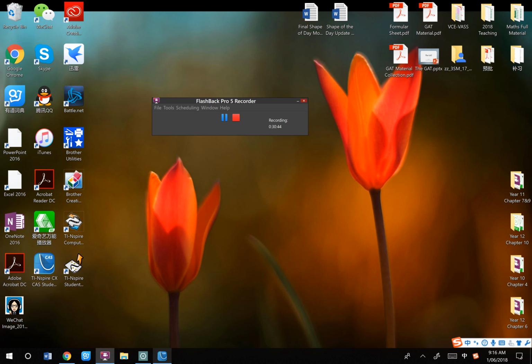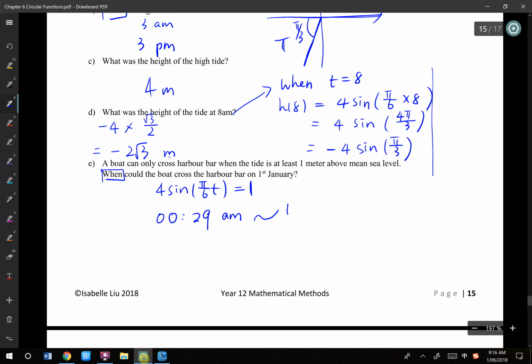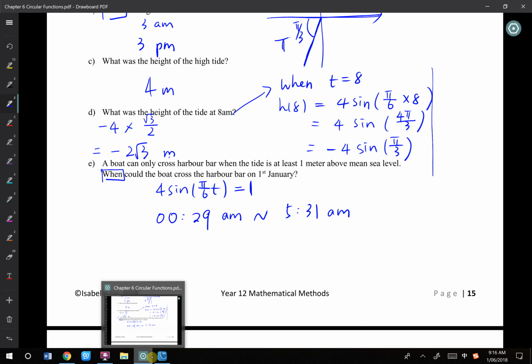So what I can say here is 5:31 a.m. It's 5 hours after midnight. So from about 29 minutes after midnight to 5:31 a.m., I can go across the harbor. That's the first period of time.